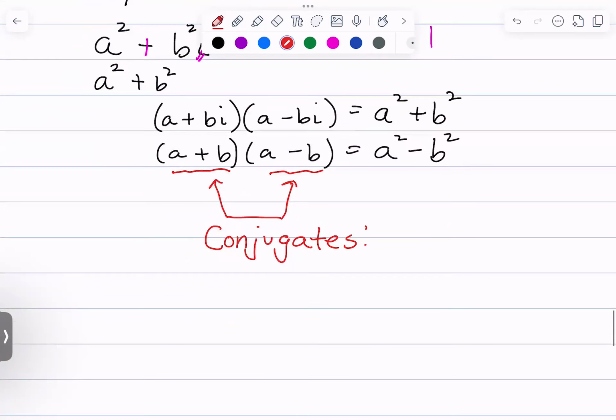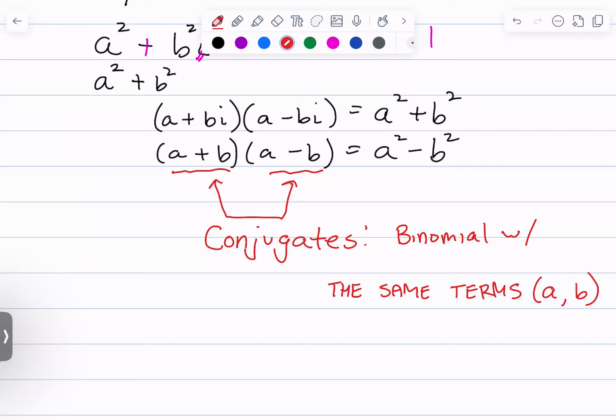Conjugates are a binomial with the same terms, right? a and b, those are the terms.